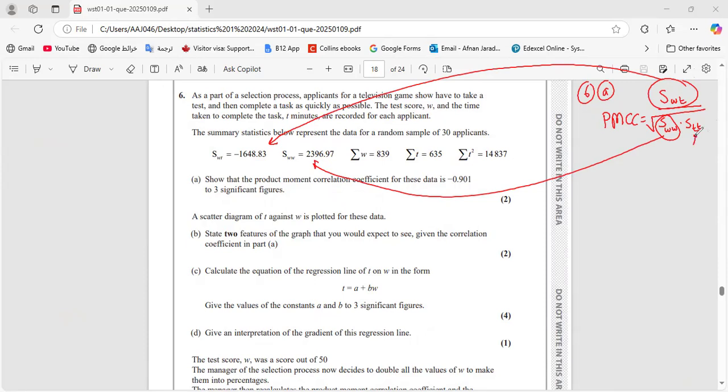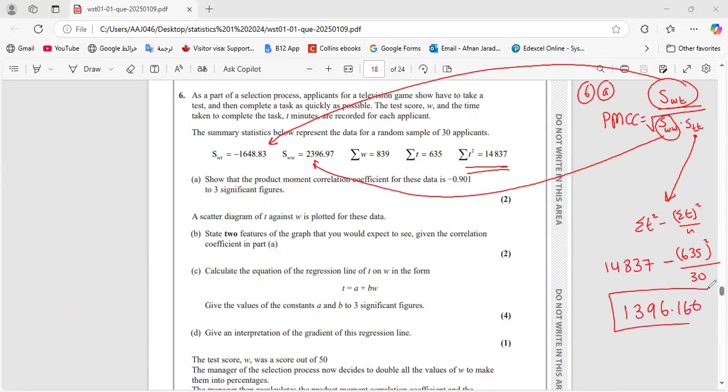I need STT, which equals the sum of T squared minus the sum of T, squared, over N. The sum of T squared is 14,837, minus 635 squared divided by N, where N equals 30 applicants. The answer is 1396.166. Just substitute it in.